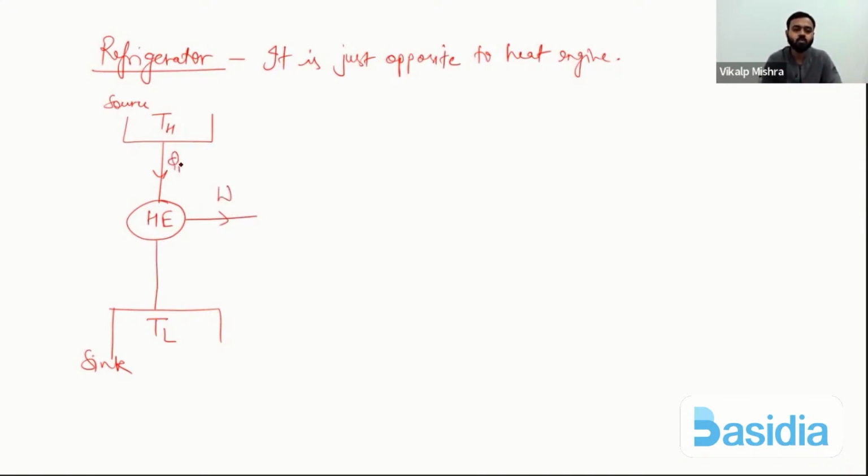It is Q in, it is work, and it is Q out. That we have seen in yesterday's class. Some of the heat will be rejected to the sink, or we can say atmosphere.